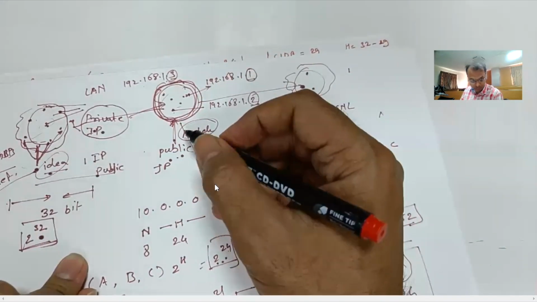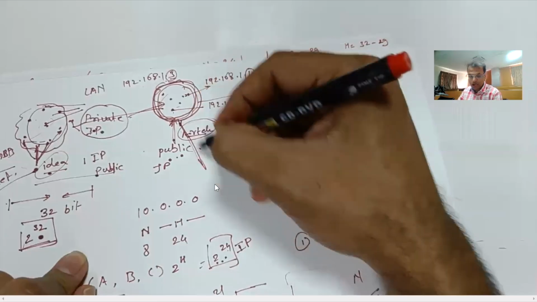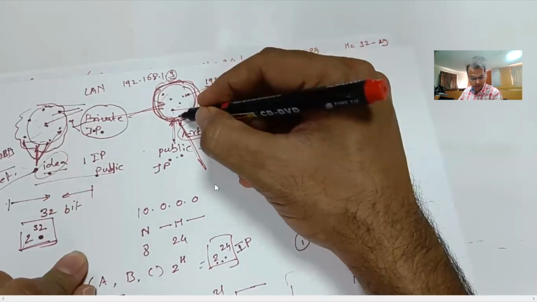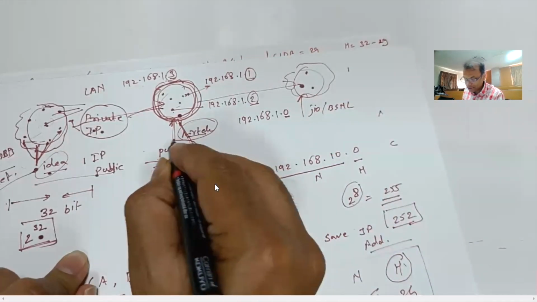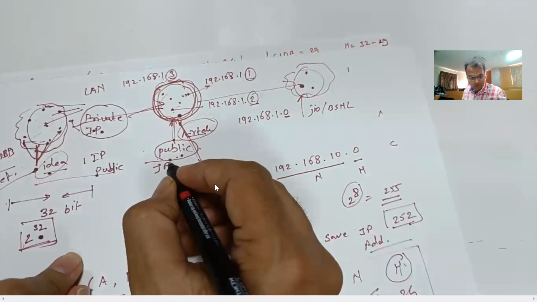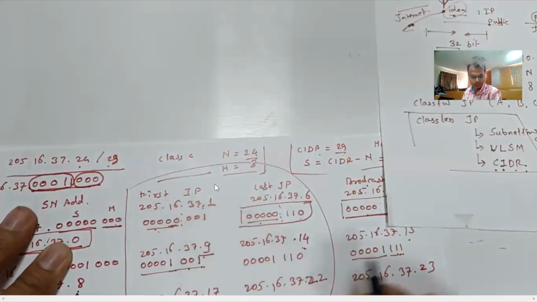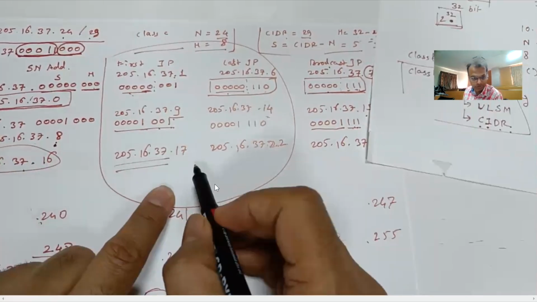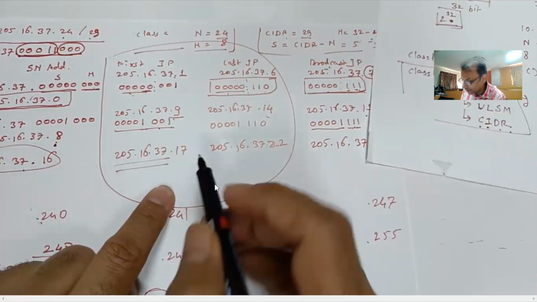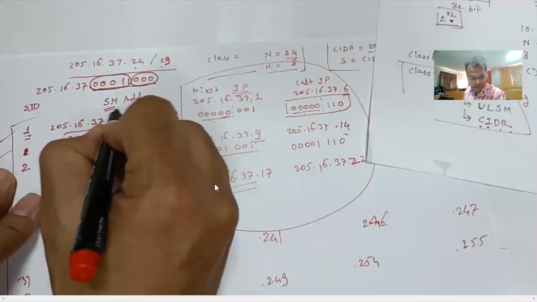That means you want to exchange data between other networks and your network. So there you get the public IP address, which is from this group, because it is an IP address. It is not the subnet address.